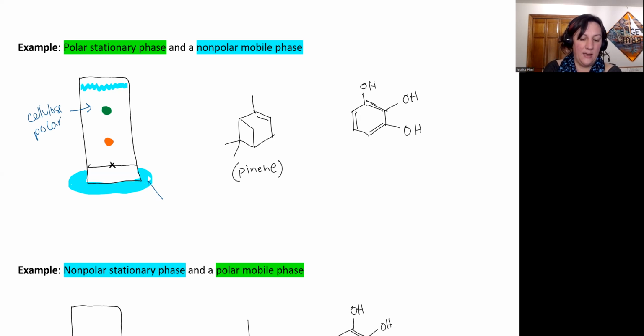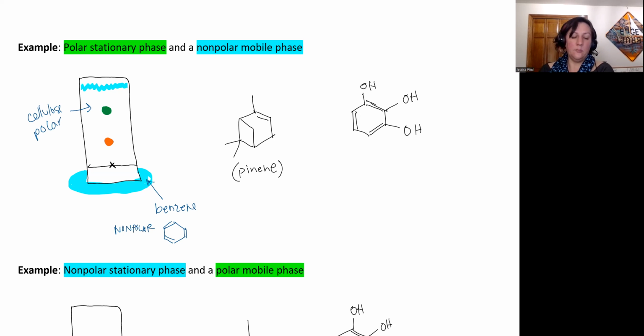So let's say we had a mobile phase that was something non-polar. Let's call it something that's just carbon and hydrogen. Maybe it's like hexanes, or benzene. So benzene is a 6-membered carbon ring with hydrogen bonds. It's very non-polar.